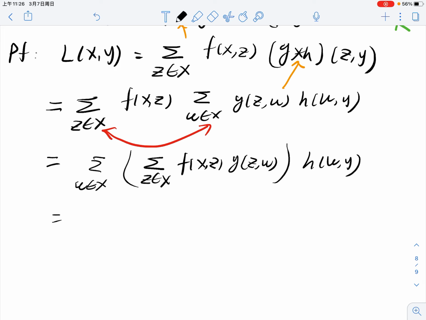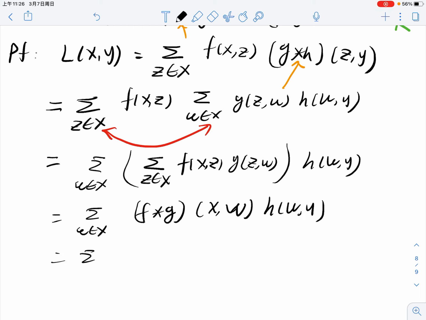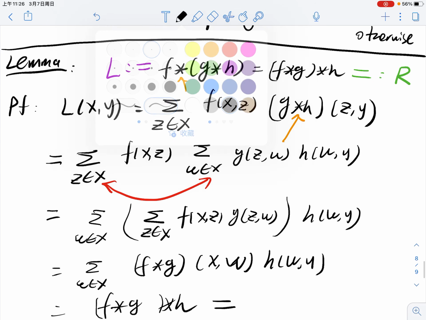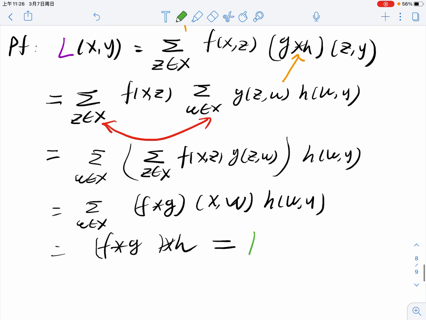Then what is it? This is just (f star g)(x,w) h(w,y), and this is f star g star h, which is R.